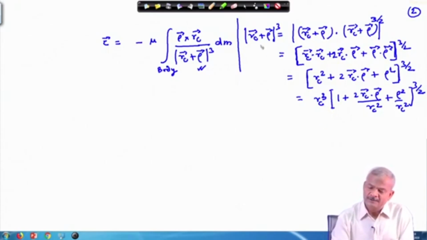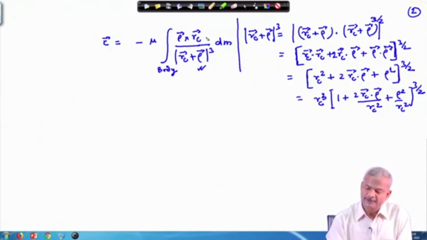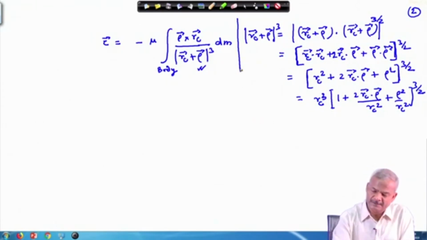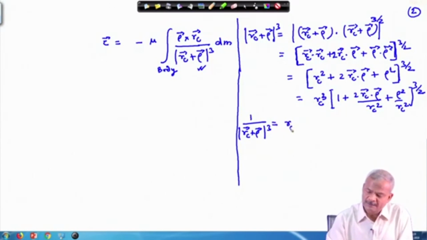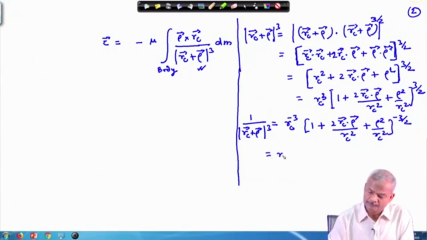Now this term here is lying in the denominator, so we have to take it upside down. Like here in this place itself I will work and then transfer it here. So, 1 by R c plus rho whole cube, this quantity will then be R c to the power minus 3 and then 1 plus 2 R c dot rho over R c square and so on, to the power minus 3 by 2.